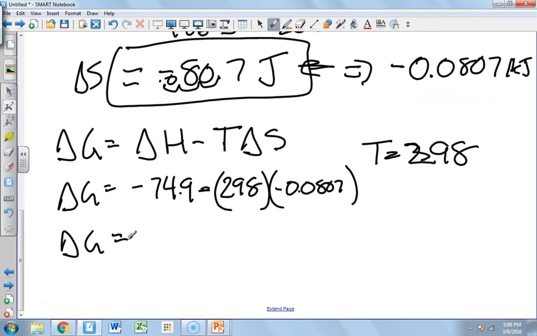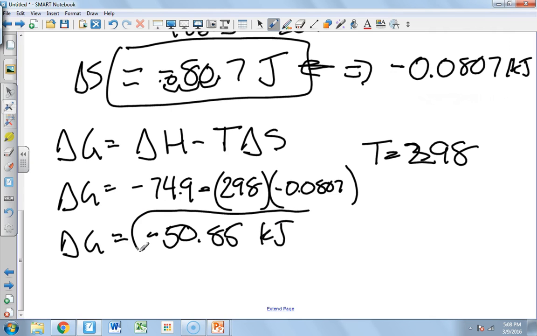So we do 298 times negative 0.0807. And now we do negative 74.9 minus that, and we get that the delta G is negative 50.85 kilojoules. That's what the question asks for.